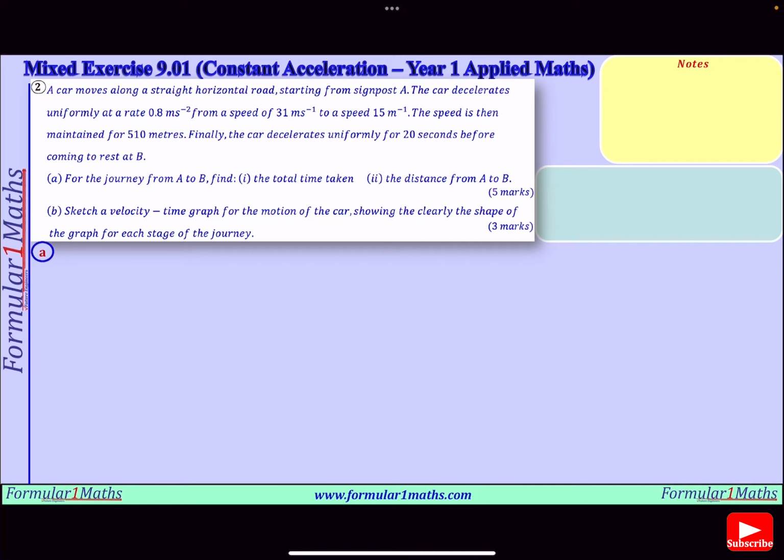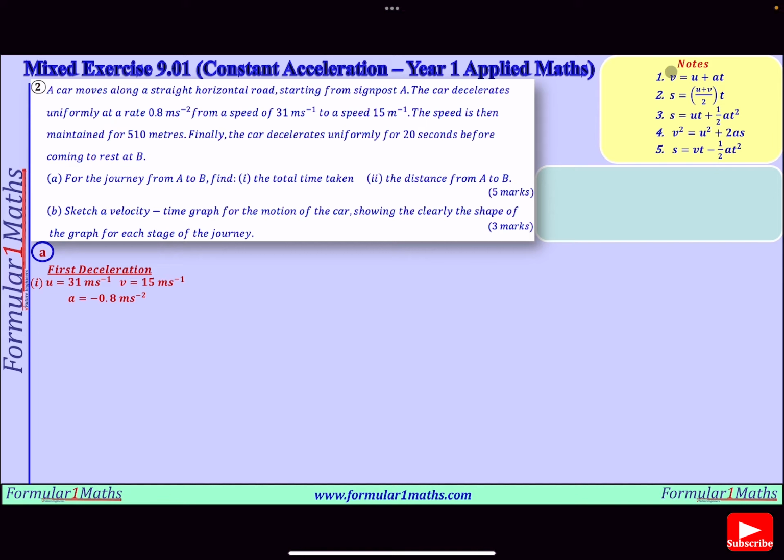For the first deceleration, we know that u is 31 meters per second, v is 15 meters per second, and a, acceleration, is minus 0.8 meters per second squared. It's negative because it is deceleration. So we've got u, v, a. We want t. Which of the SUVAT equations comes to mind?